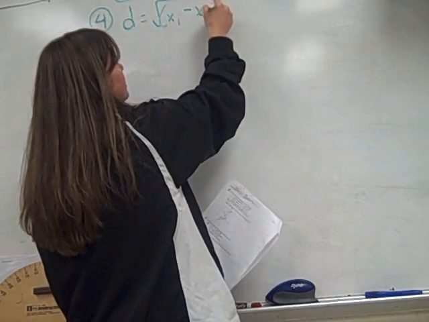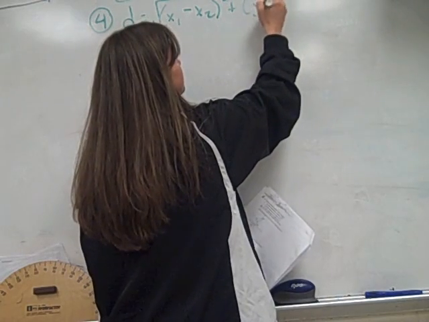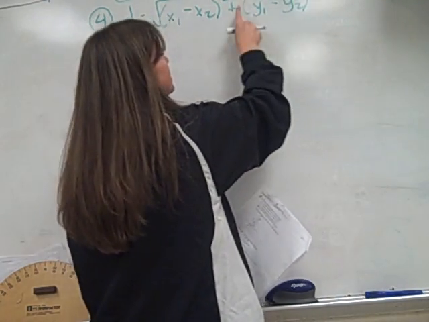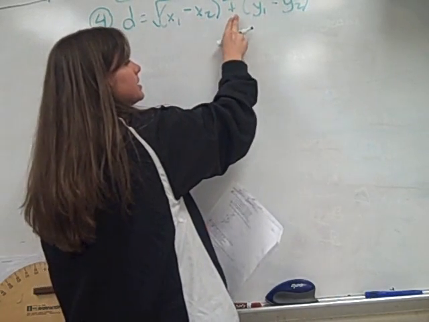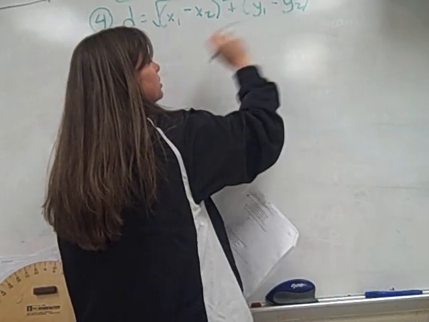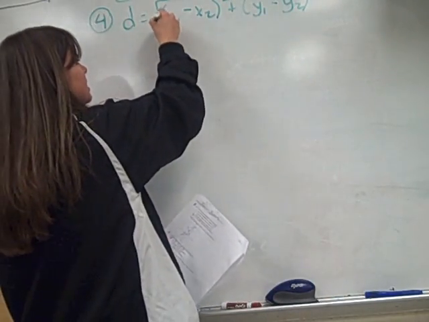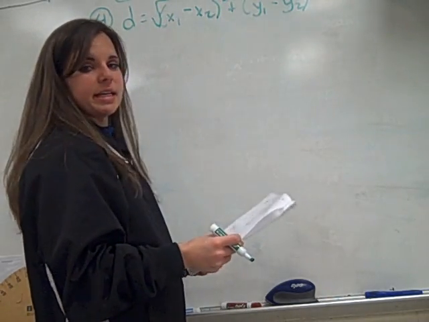Remember, distance formula has a minus in the middle of the parentheses, has a squared on both parentheses, plus right in the middle. Subtract your x's, subtract your y's, make sure you remember your squares. Do everything inside the square root first, and then let your square root be the last thing.